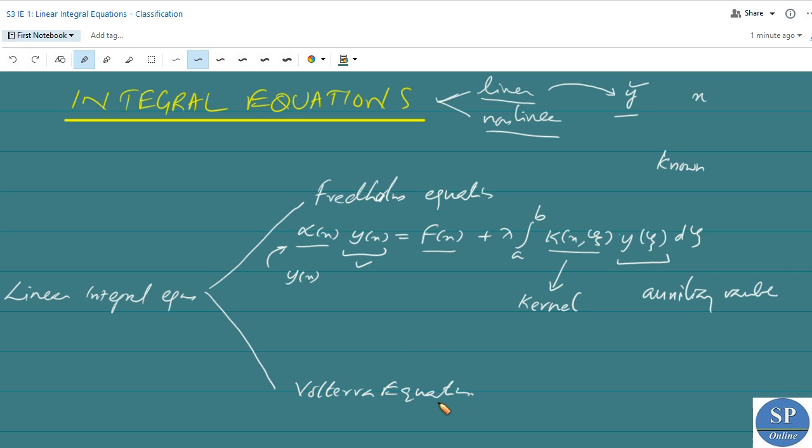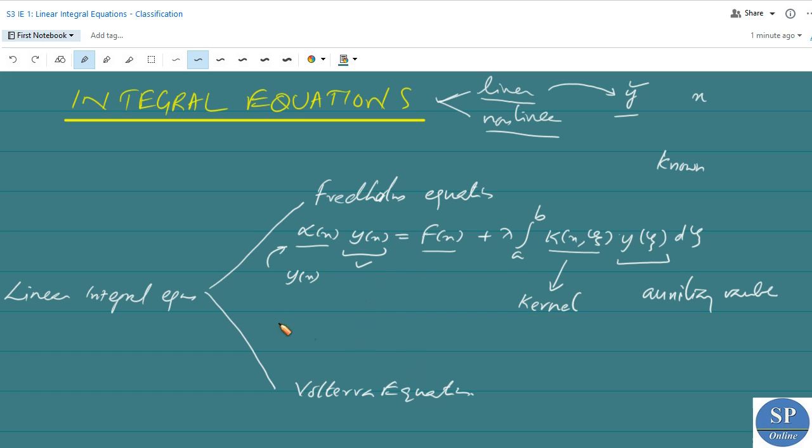Now, what is Volterra integral equation? In this Fredholm integral equation, if the upper limit of the integral b is not a constant, and it is our variable x, then the equation is called a Volterra integral equation.